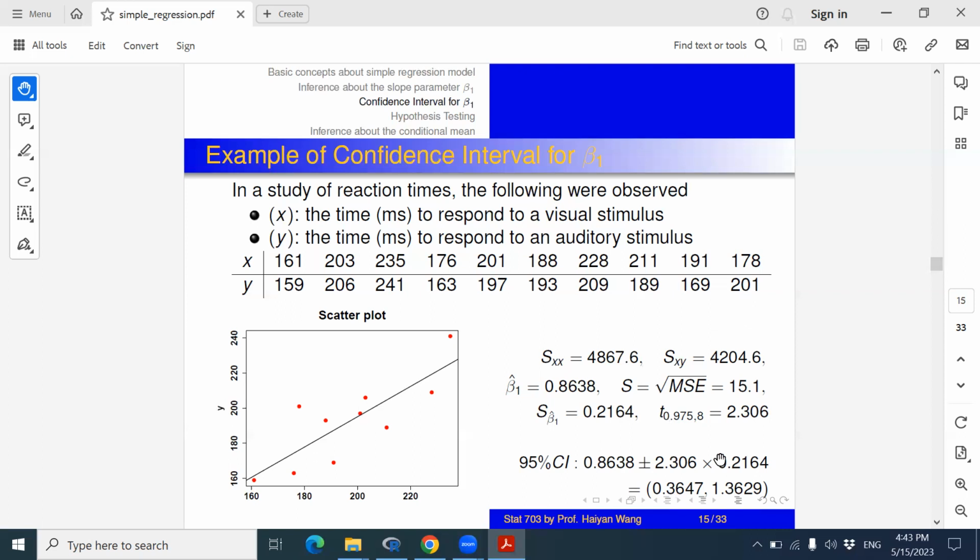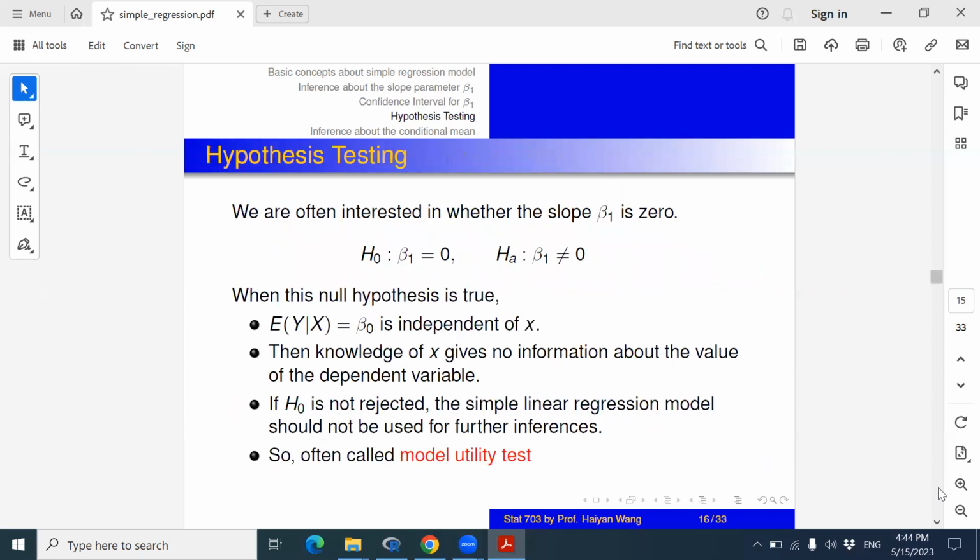Okay, so just to emphasize, I had a little mistake. The mistake is around here. This part should be 0.025. Okay, that's this example for the confidence interval.